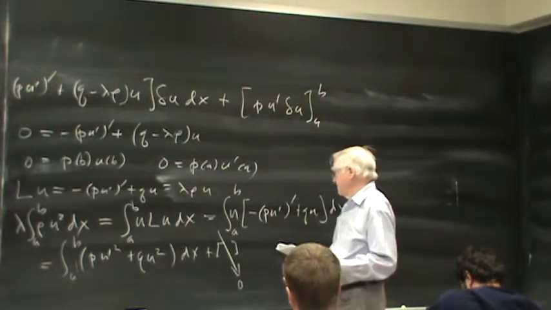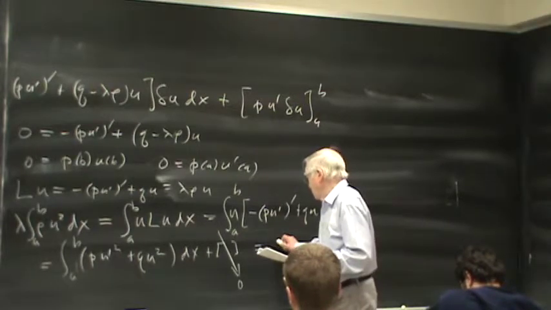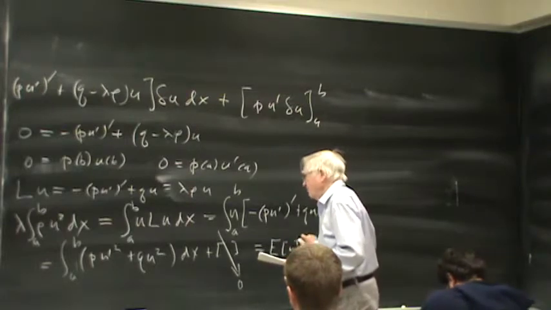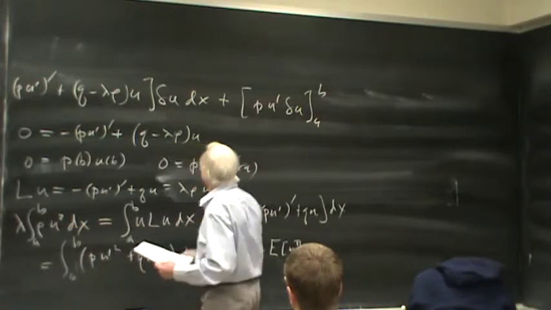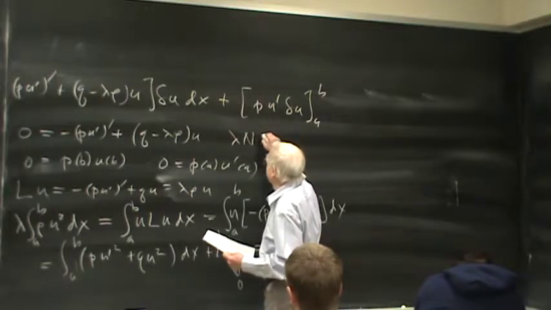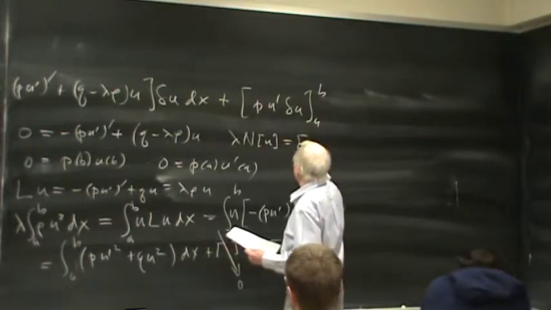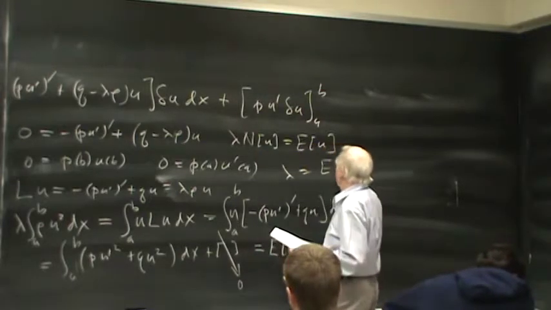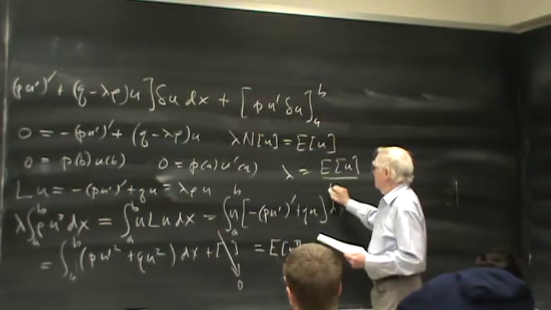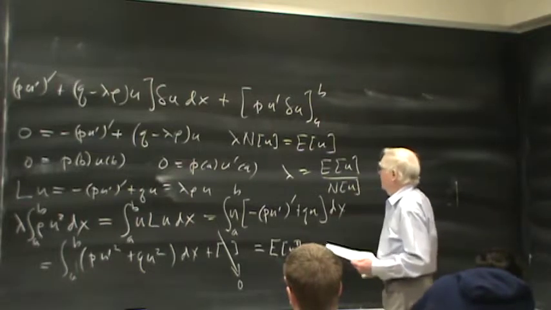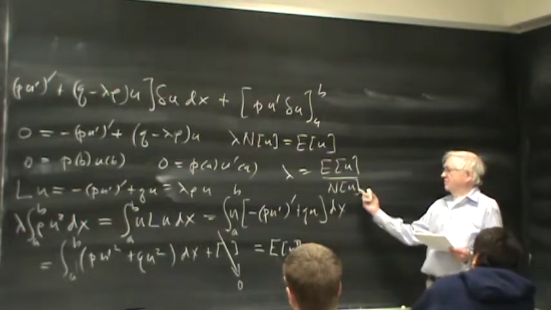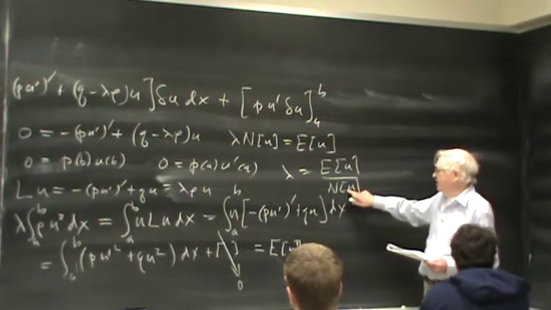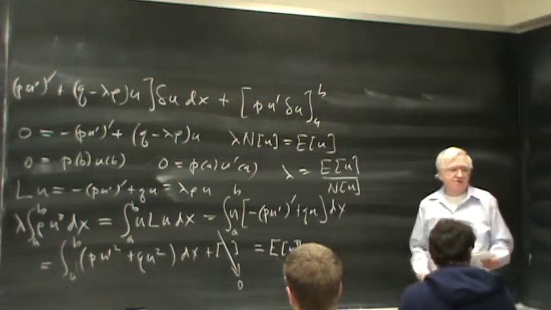Consequently this is equal to E of u, and this is equal to N of u. So this equation is lambda N of u is equal to E of u. So this lambda is the ratio of the thing we minimized divided by the norm, and we could say, well, you just scale the function to make the norm unity, and then lambda is just the energy.